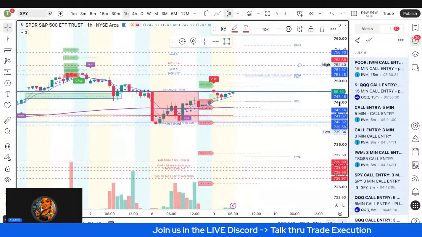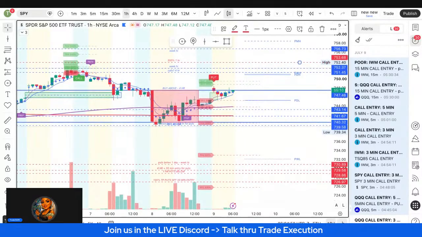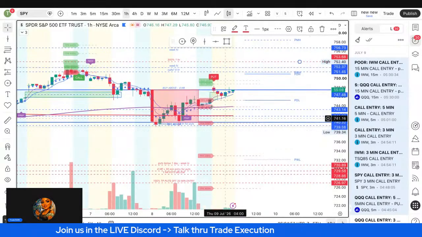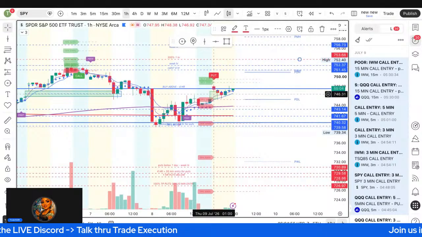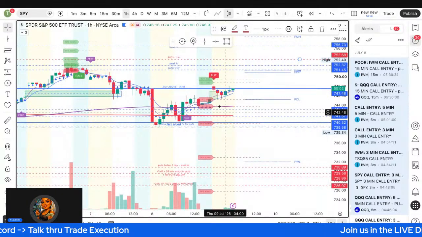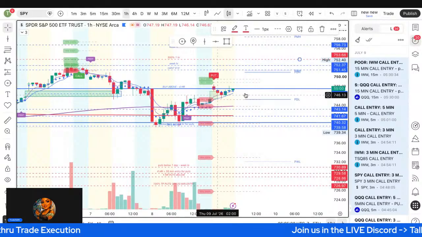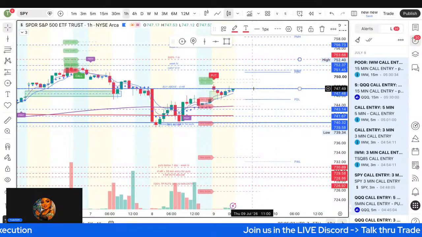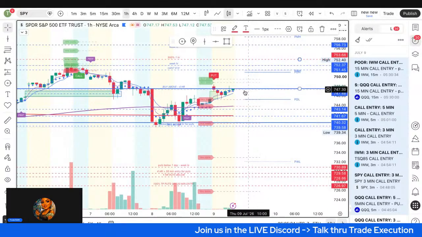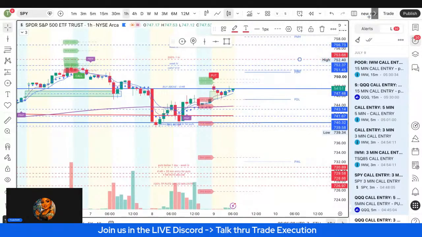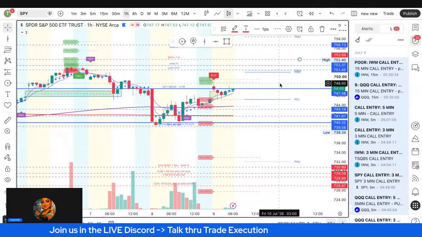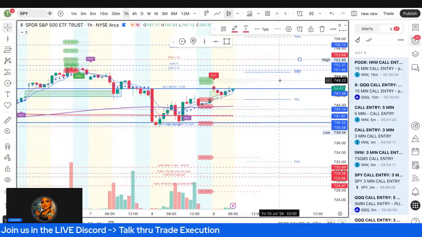We did have, let me see when did this fire. This was pre-market. On the 1 hour, we did have a fire to the downside, and then we had a gap up. This is the stop loss for puts here.